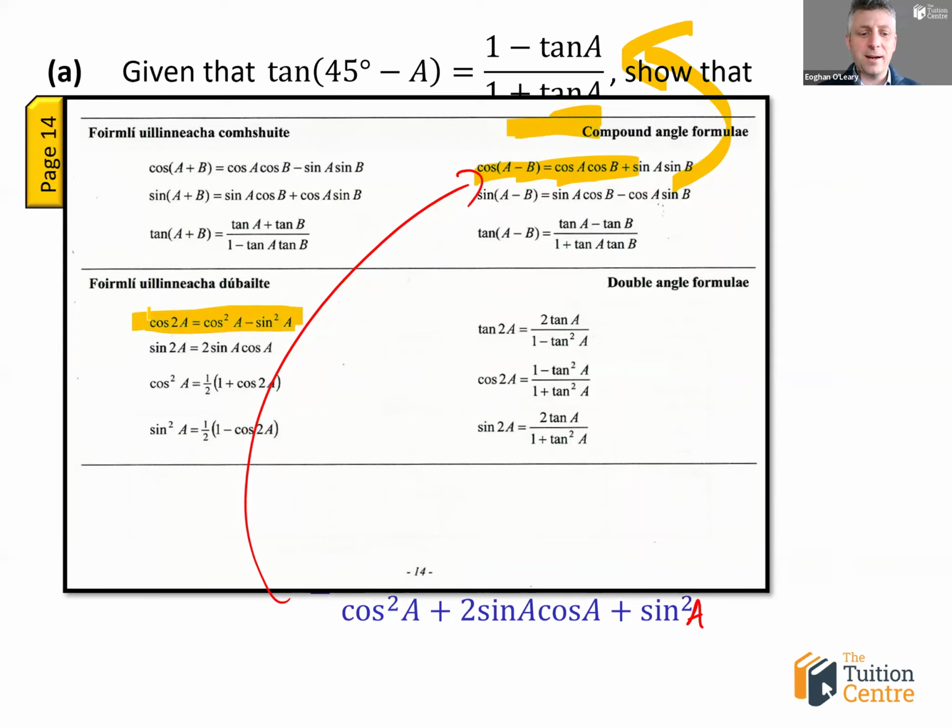Cos of 2A is cos squared A minus sine squared A. We also can see that 2 sine A cos A is equal to sine of 2A. So on page 14, we have a lot of clues for how to get to the answer. And we're going to use those clues, and we're very, very close. We're almost there. We're one line away, and we're going to use what we have here to get there.